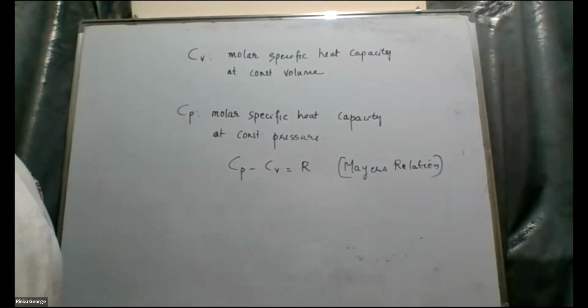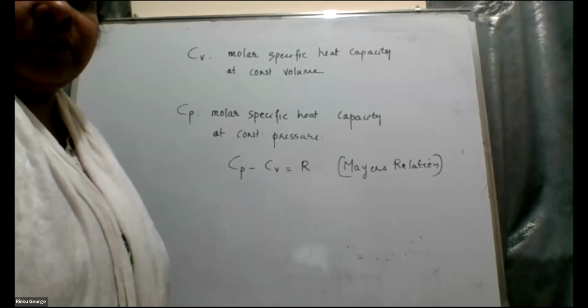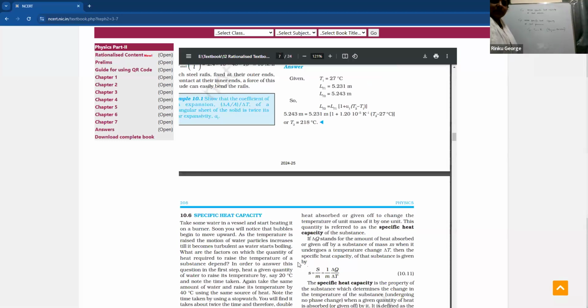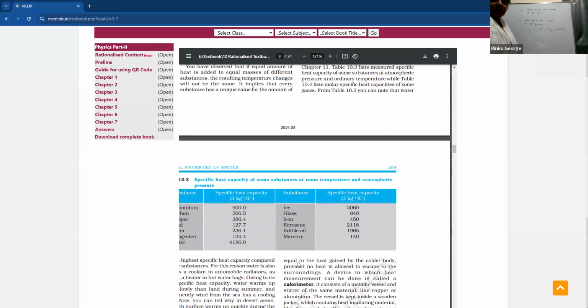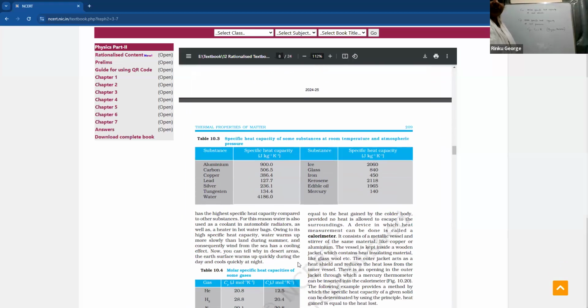Finish, right? Now again, you have to take the textbook, okay? The textbook, table 10.3. In all textbook, table 11.3. There is a table 10.3 or 11.3. Take that.